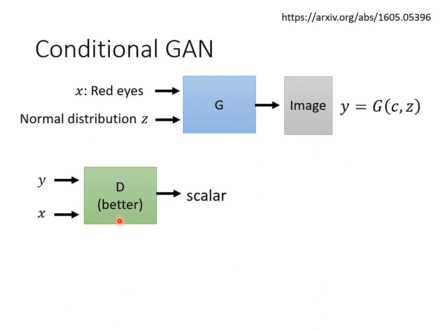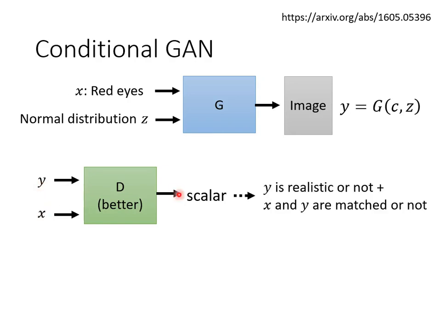So in conditional GAN, you have to make a different design. Your discriminator doesn't just input pictures. It also has to take the input condition x. For your discriminator, it takes y as input, as well as x as input, and then generates a value. Then this value cannot be assessed by only checking if y is good or not. If it only generates a good picture, then it isn't good enough.